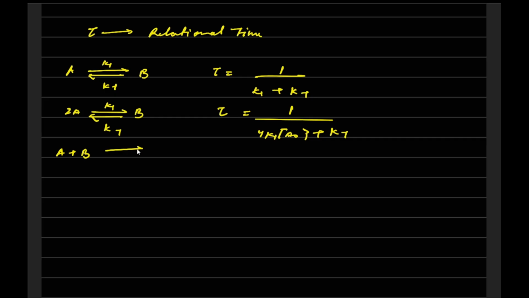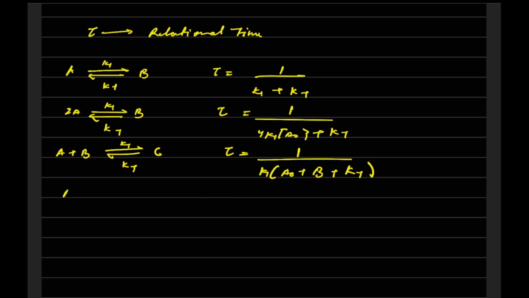Similarly, if A plus B gives C, with K1 and K minus 1, then tau is equal to 1 divided by K1 times (A equilibrium concentration plus B equilibrium concentration) plus K minus 1.